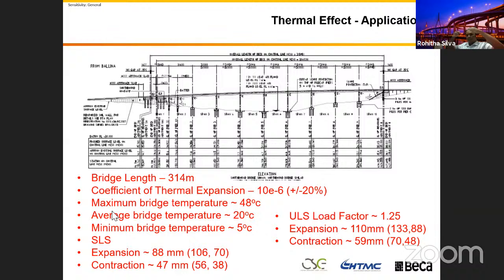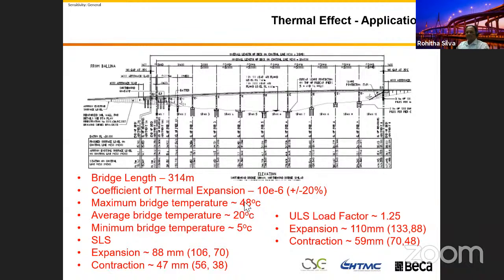The maximum bridge temperature from that calculation, depending on the location of the bridge, is 48 degrees, minimum is 5 degrees. The average bridge temperature in that area we considered as 20. So then we can calculate the bridge expansion. It's very easy to calculate because the length of the bridge L is 314 meters and alpha is 10 to the power minus 5.